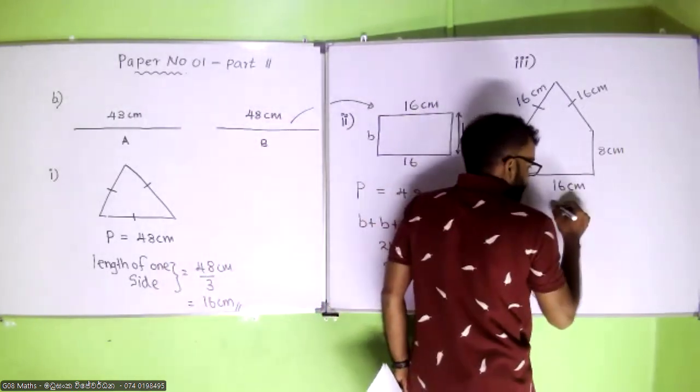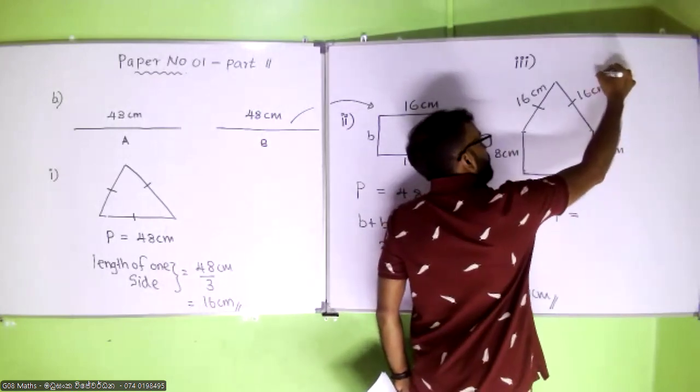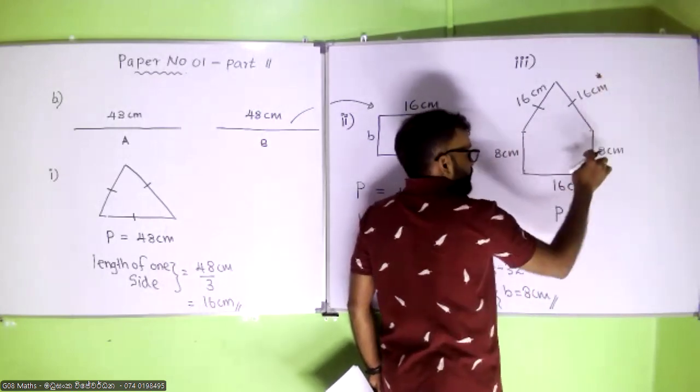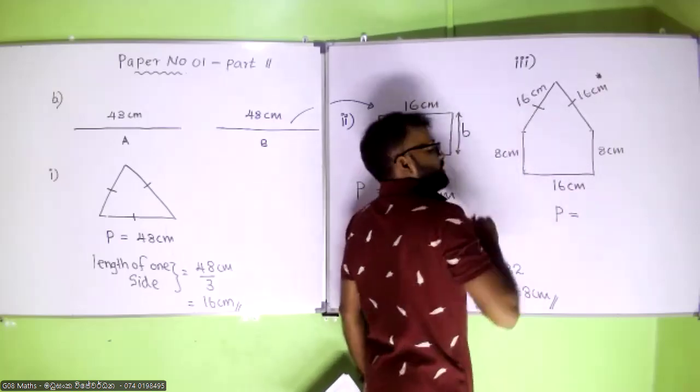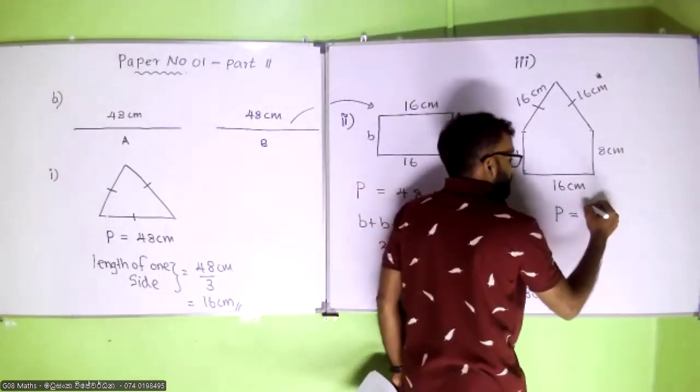Now this is a composite figure. The perimeter can be found by adding from here: 16 plus 8 plus 16 plus 8 plus 16. I am not going to add like that. Open bracket.